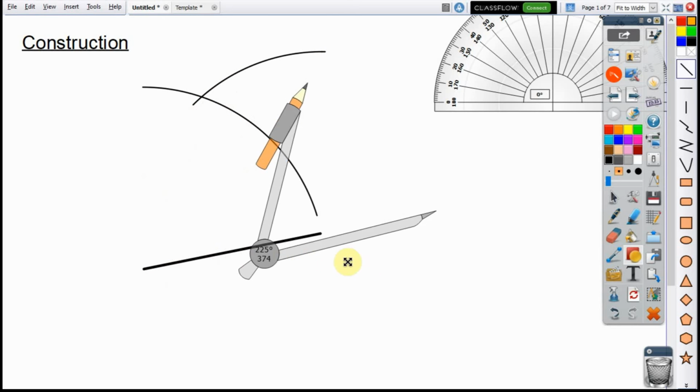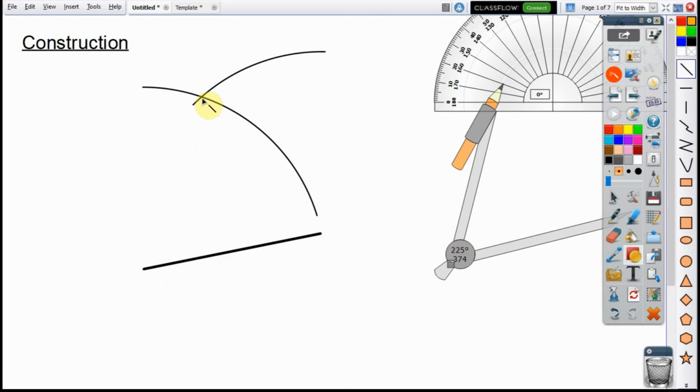And therefore it follows that this point here is special. It achieves two things at the same time. Not only is it the same distance from the left-hand end of the line as it is from the right-hand end, but also, because it's on the second arc, it also achieves the same distance in both of these directions. And so this must, by logic, be an equilateral triangle.